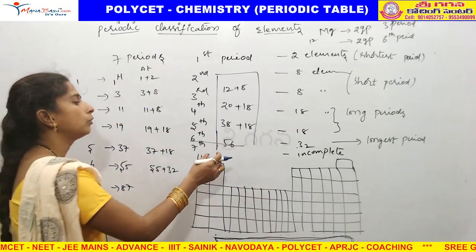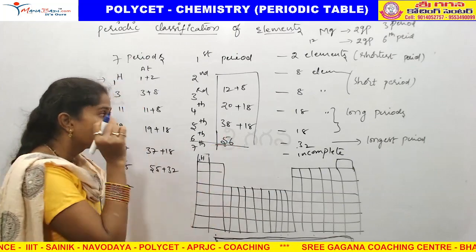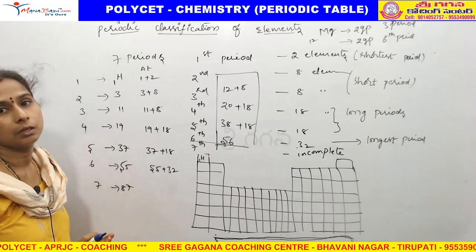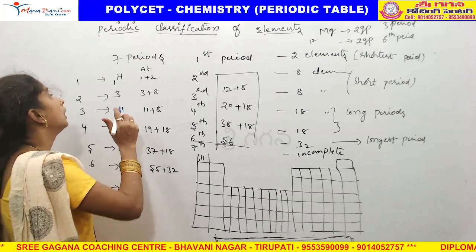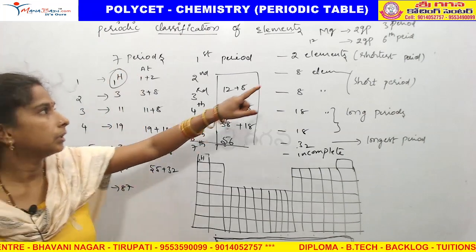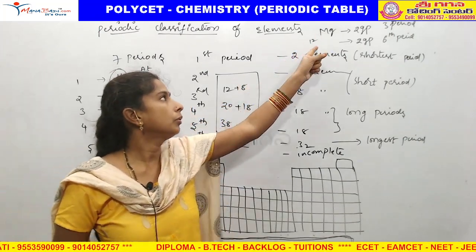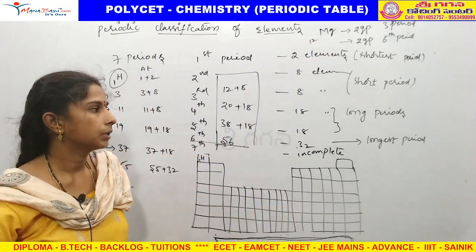That is the way to find out the atomic number of elements present in the next group or next period. Wherever it may be, you can find out easily by knowing any one atomic number. If you don't know this atomic number, we cannot find out the remaining atomic numbers.